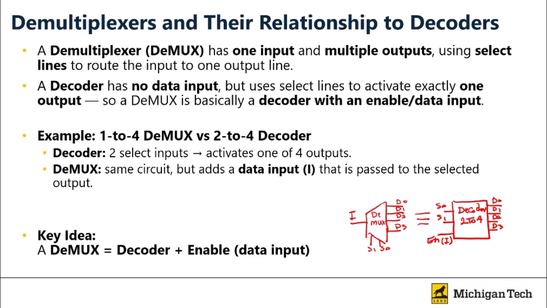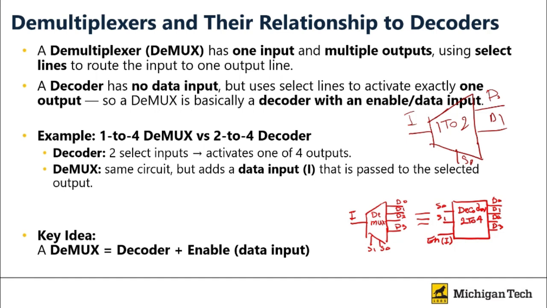Question. Imagine you want to design a 1 to 2 demultiplexer using a decoder. Which decoder do you need to use? Find the decoder corresponding to this demultiplexer. One input, S, and D0 and D1.